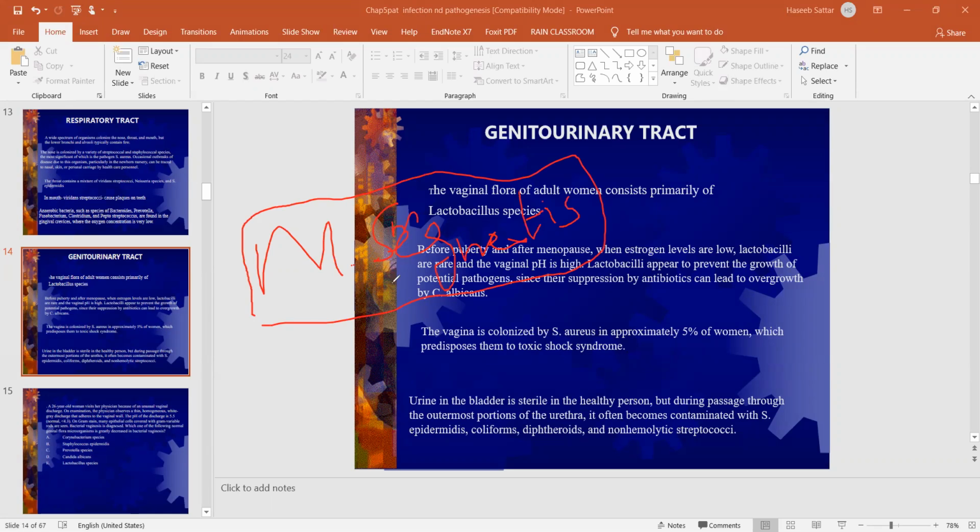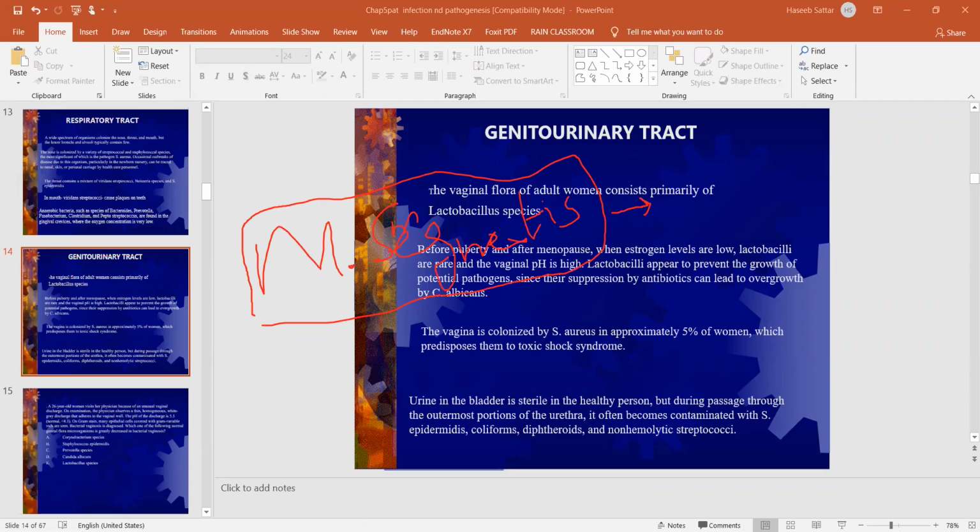So this is a Mycobacterium species, and this infection is very common in uncircumcised males. The males who are uncircumcised have more chances of these infections, because the foreskin, after urination, helps the growth of bacteria.